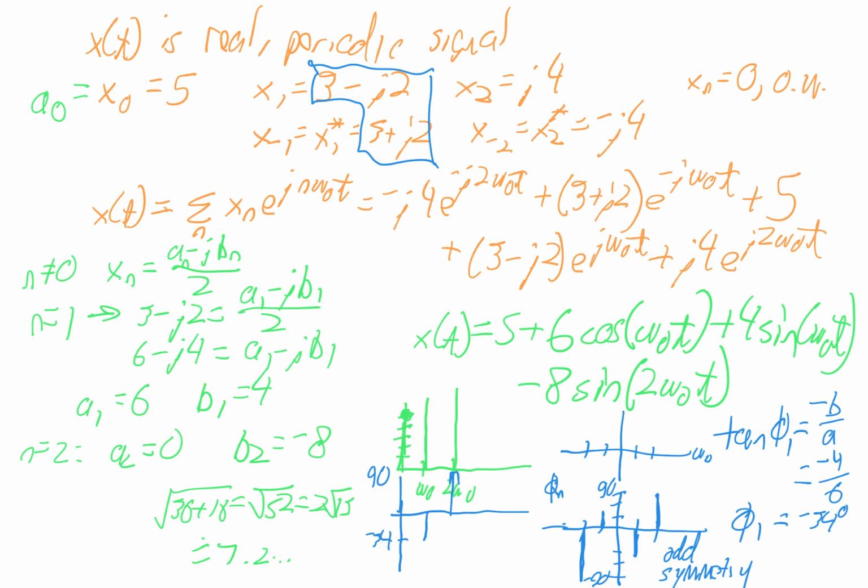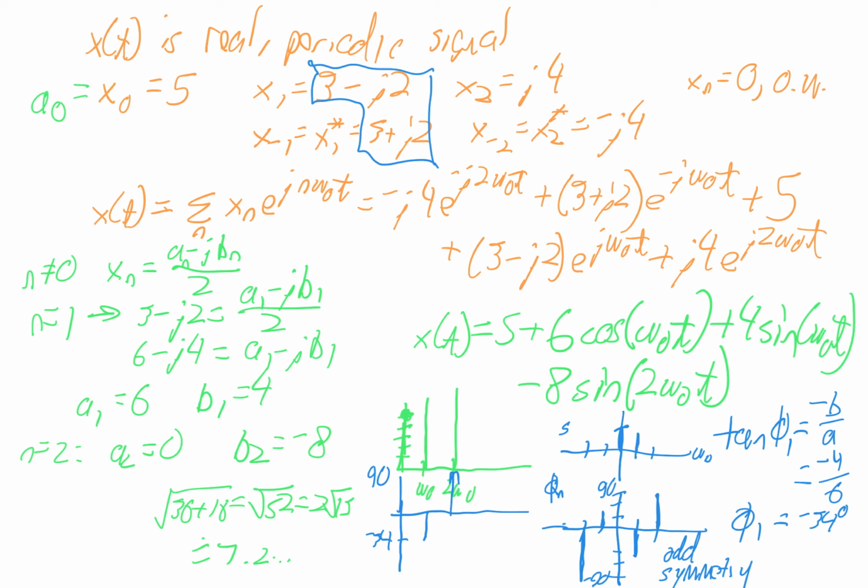So x0 still has magnitude 5. But now my x of 1 has magnitude of square root of 3 squared plus 2 squared, or square root of 13. So that is about 3.6. So it's only half of what it was for the sine-cosine form.